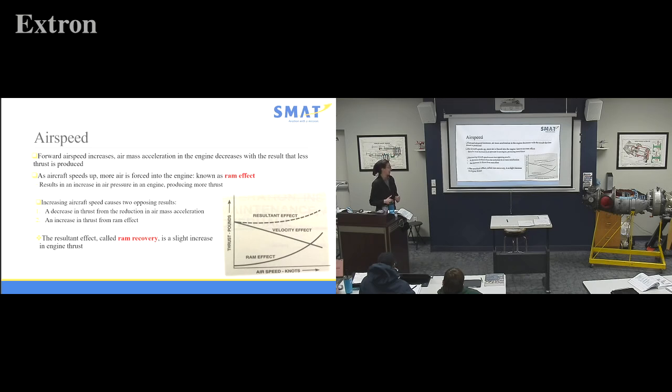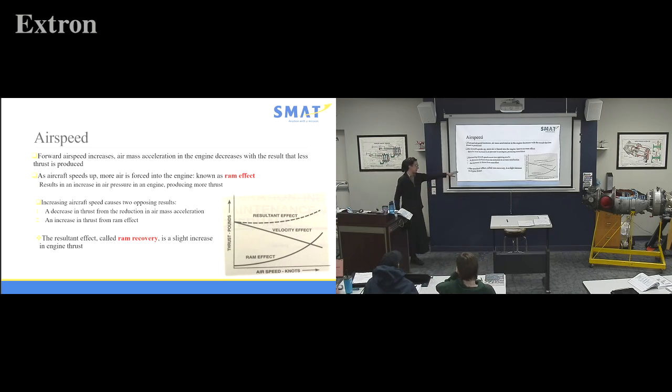So an increasing aircraft speed has two opposing results. There is a decrease in thrust from the reduction of the air mass accelerating through the engine, but we have an increase in thrust from ram effect.